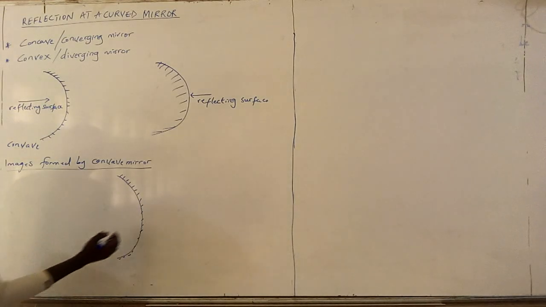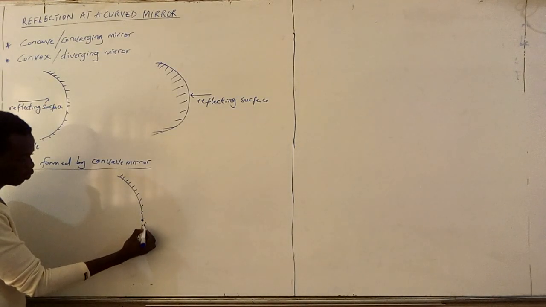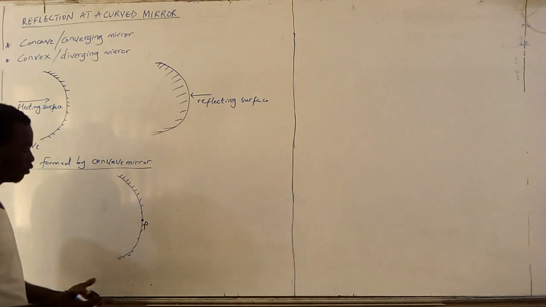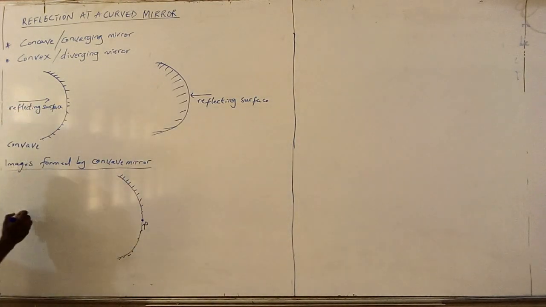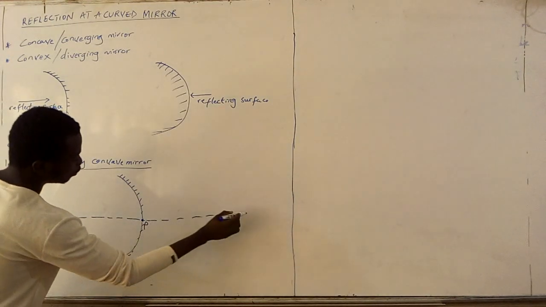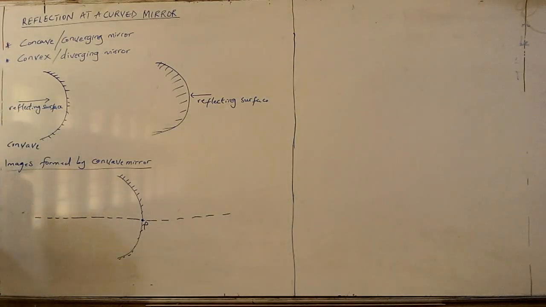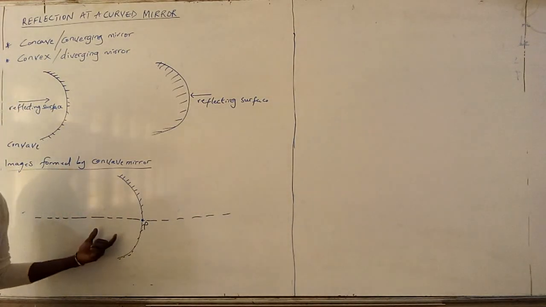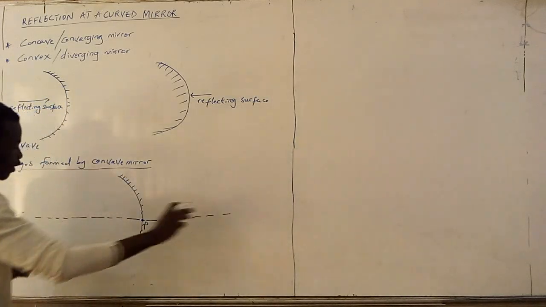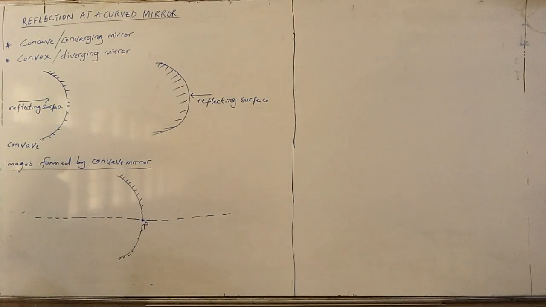So we have what we call the pole. The pole is the center of the mirror. Then we assume a line that passes through the pole. This line, just assume, it doesn't exist. So this line is what we call the principal axis.